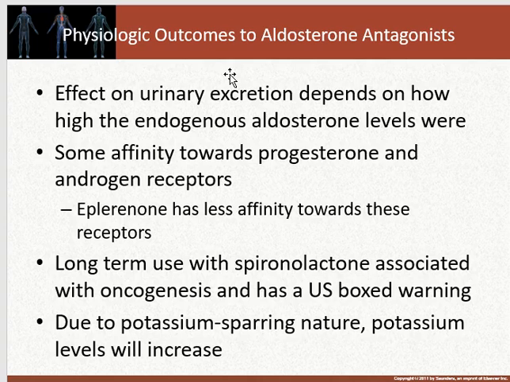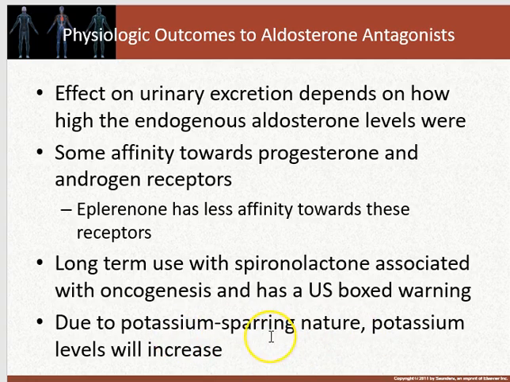Structurally, there's some affinity towards the progesterone and the androgen receptors with spironolactone, and that explains some of the side effects we'll talk about in a few minutes. Eplerenone has less affinity for these receptors, and so it's associated with fewer side effects. Long-term use with spironolactone has been associated with oncogenesis and contains a boxed warning here in the US.